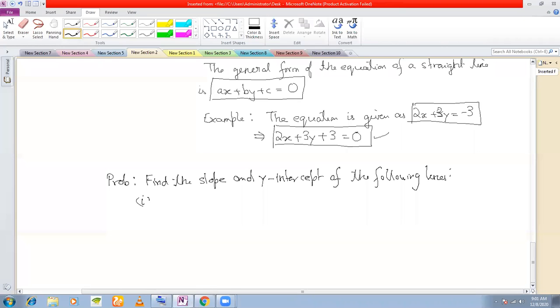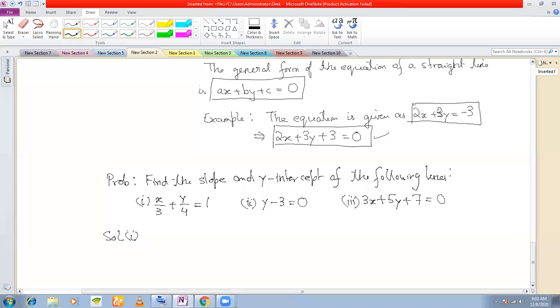Number one, x by 3 plus y by 4 is equal to 1. Second, y minus 3 is equal to 0. And the third is 3x plus 5y plus 7 is equal to 0. These three lines are there.